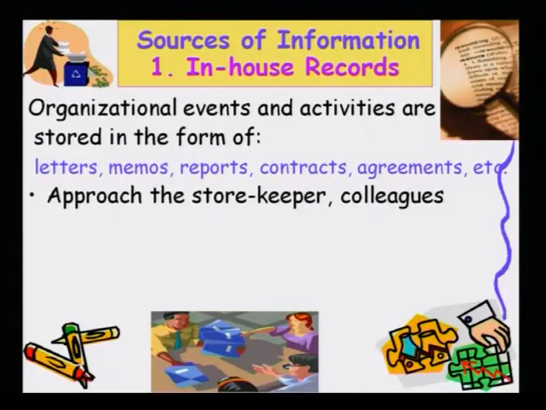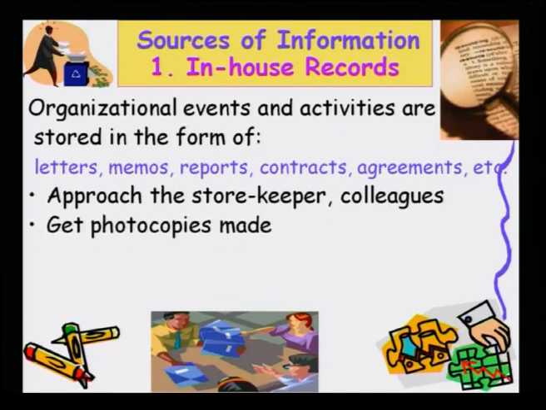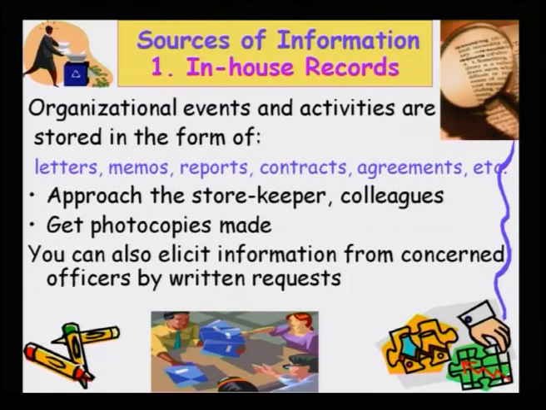So, there is a storekeeper or a record manager. Approach this person, and sometimes even the colleagues will have some of the reports. So, go to the colleagues, approach the storekeeper, record manager, get the records. Most of the companies, if they follow a very transparent policy and allow people to photocopy, you can even photocopy the materials.